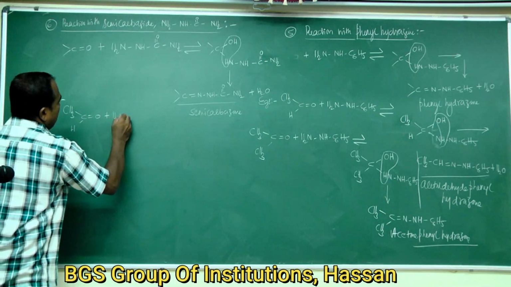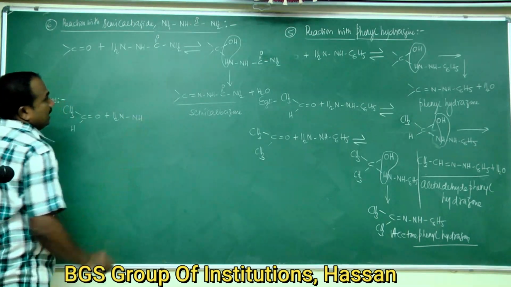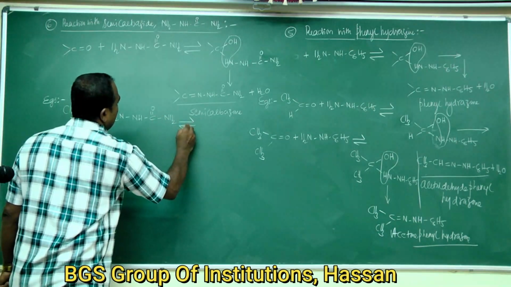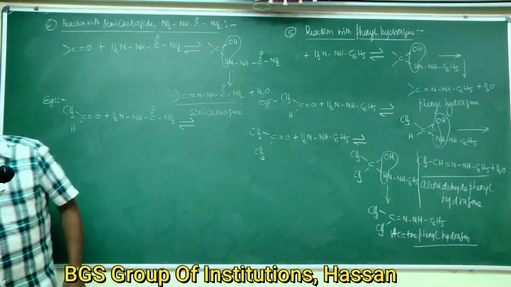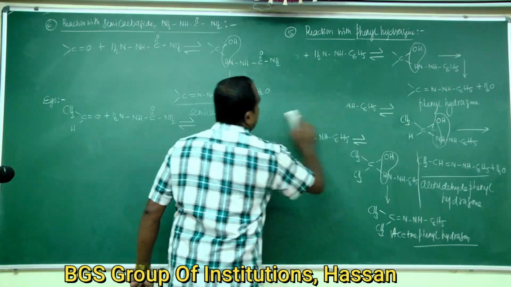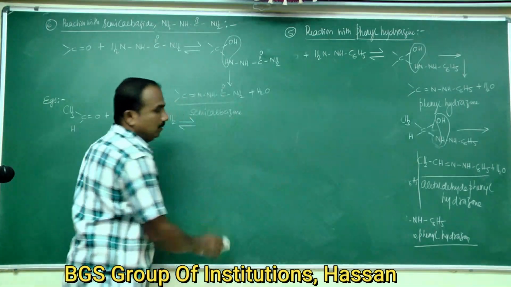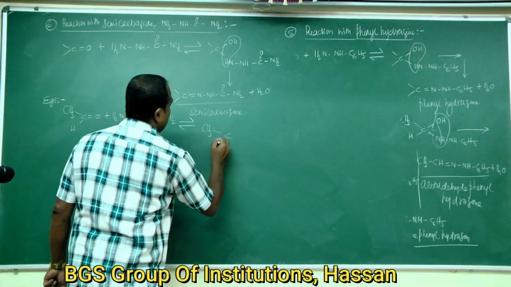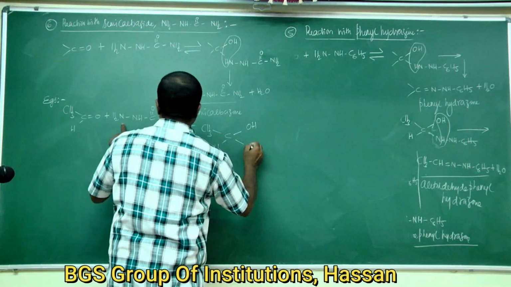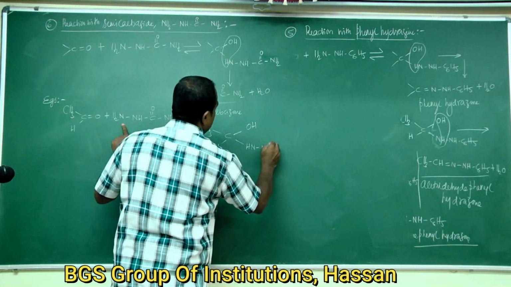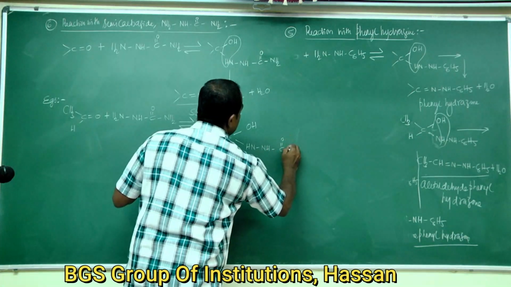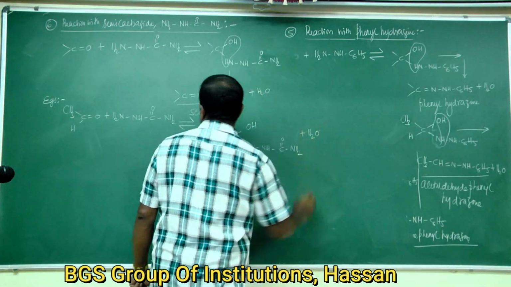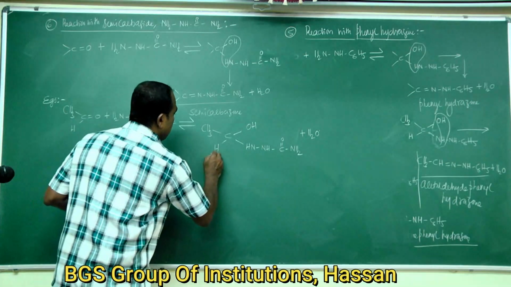Acetaldehyde reacts with semicarbazide, NH2-NH-CO-NH2, to form the intermediate, that is CH3-C-OH connected to NH-NH-CO-NH2, plus H2O. This is acetaldehyde semicarbazone.